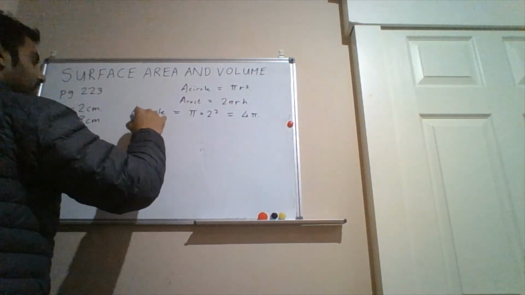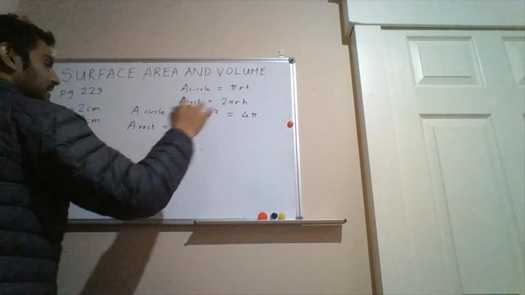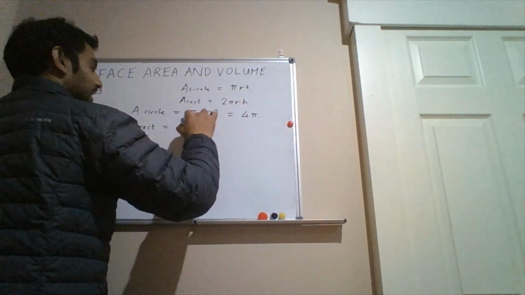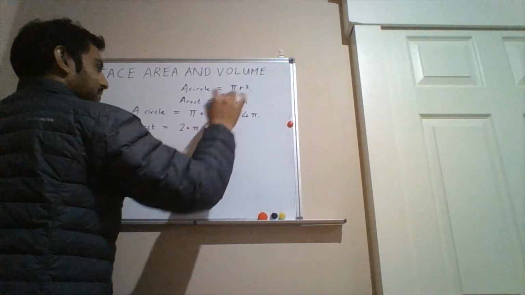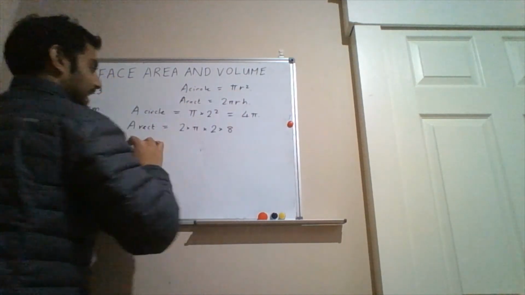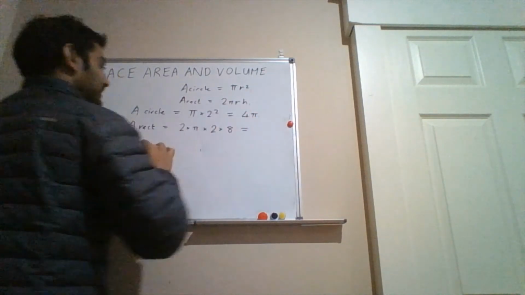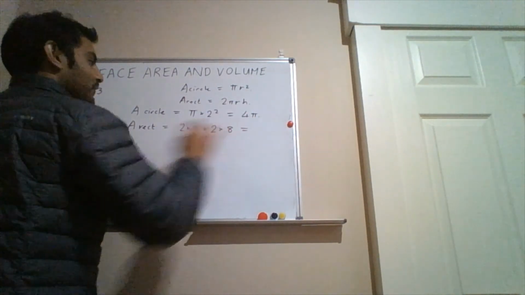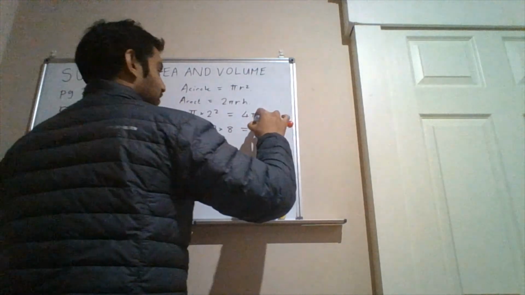The area of the rectangle is equal to 2 times pi times the radius, which is 2, times the height, which is 8. So this gives us 2 times 2 is 4, times 8 is 32 pi.